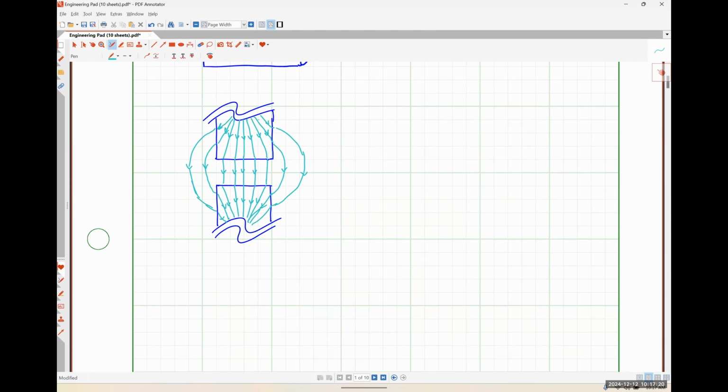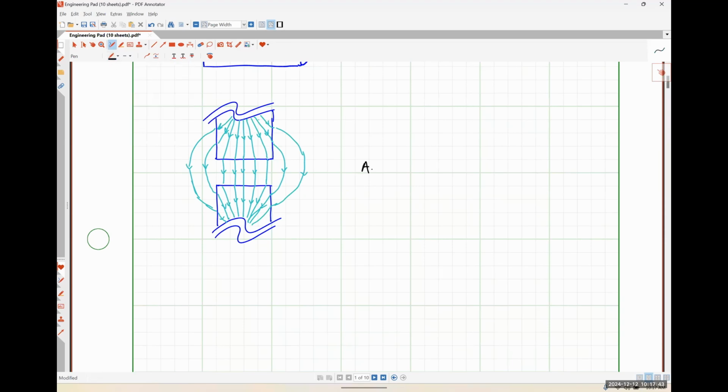So what do you guys think would be a consequence of our flux seeing a larger area? Our magnetic flux density vector B has to go down, right? Because the cross-sectional area is larger. So how we typically compute the effective area of our air gap is as follows.